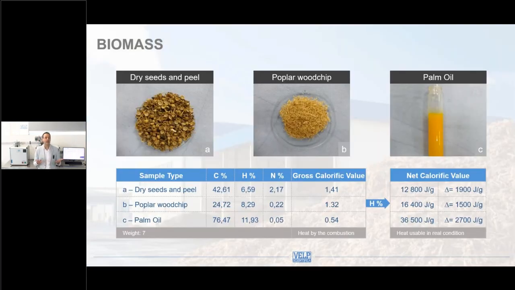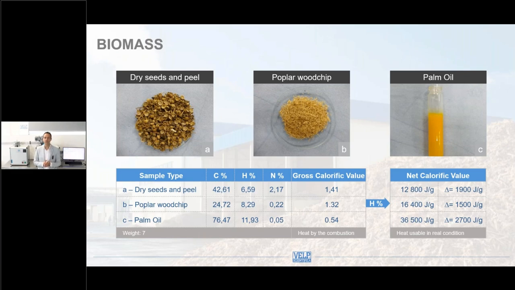Here you can see examples of very common biomass, for instance dried seed and peel. We measure wood chip and very common palm oil, and it's very easy to obtain very accurate CHNS results in biomass.